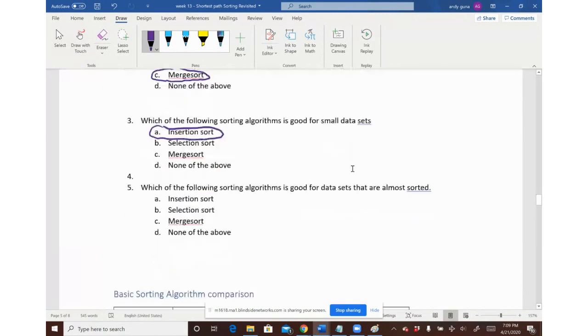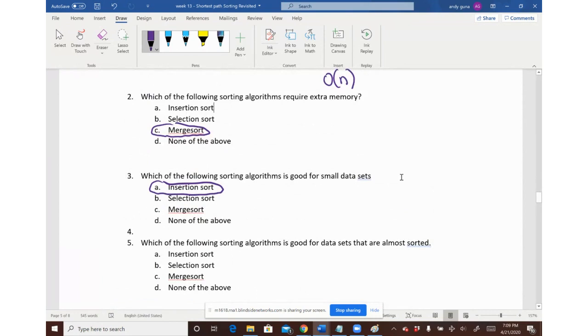Okay, so the last question. Which of the following sorting algorithms is good for data sets that are almost sorted?